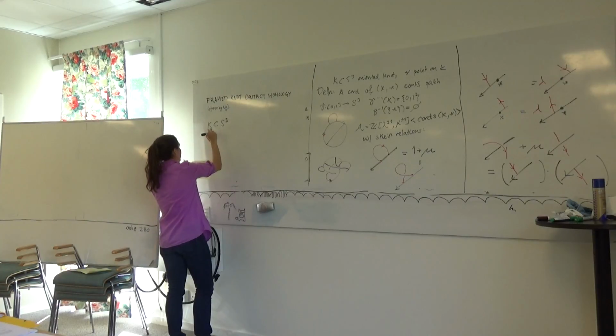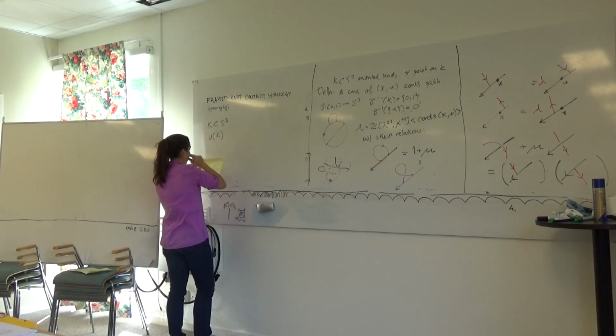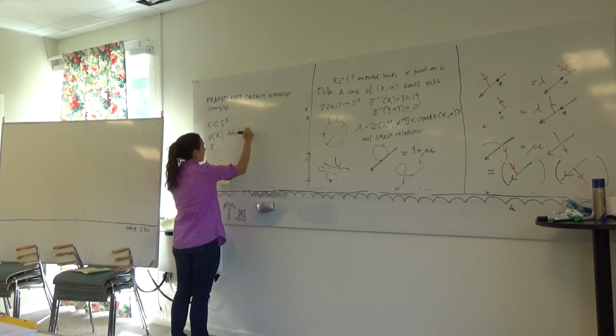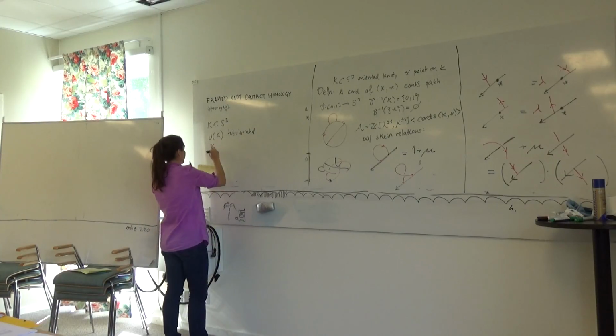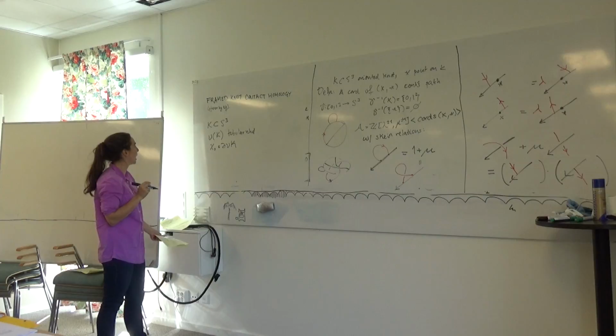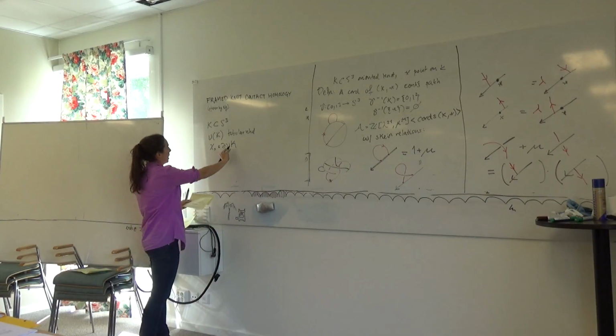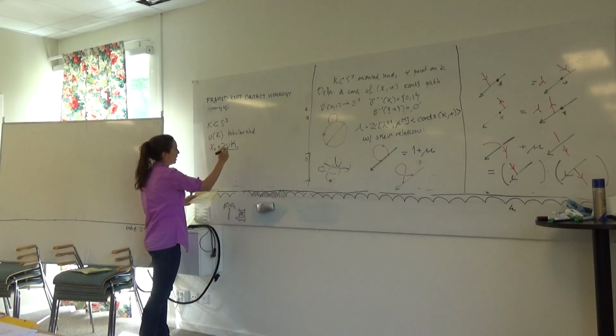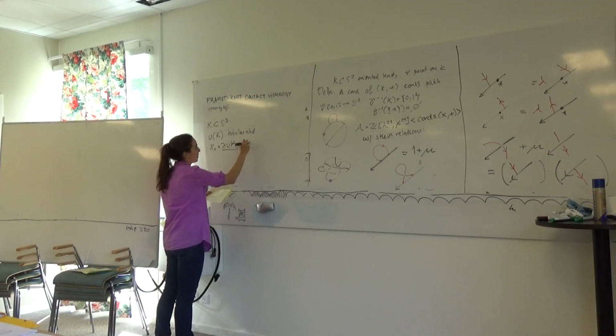You consider the tubular neighborhood of the knot, and you pick a point x0 in the boundary of the tubular neighborhood of K. And we're going to have that this has an orientation.